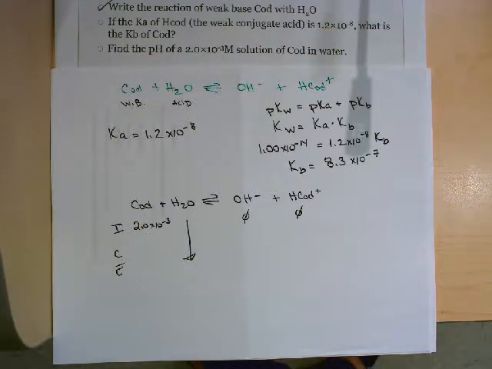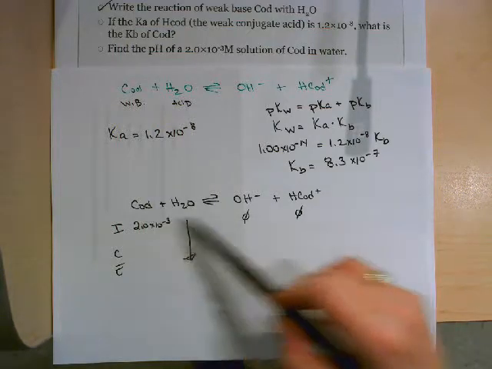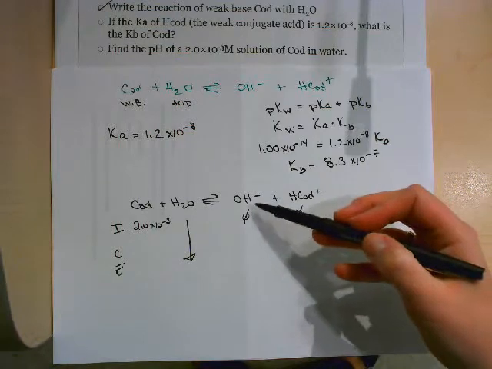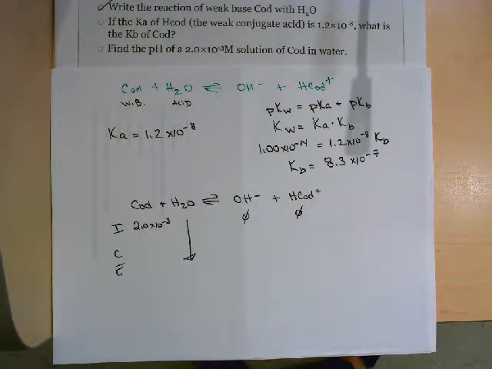Because it's a weak base, it's not fully reacting. So if I want pH, I need H3O pluses. I didn't give you anything that makes an H3O plus. So you have to make an ice chart to figure out what this new concentration is. So that's why it makes it a challenge problem, right?